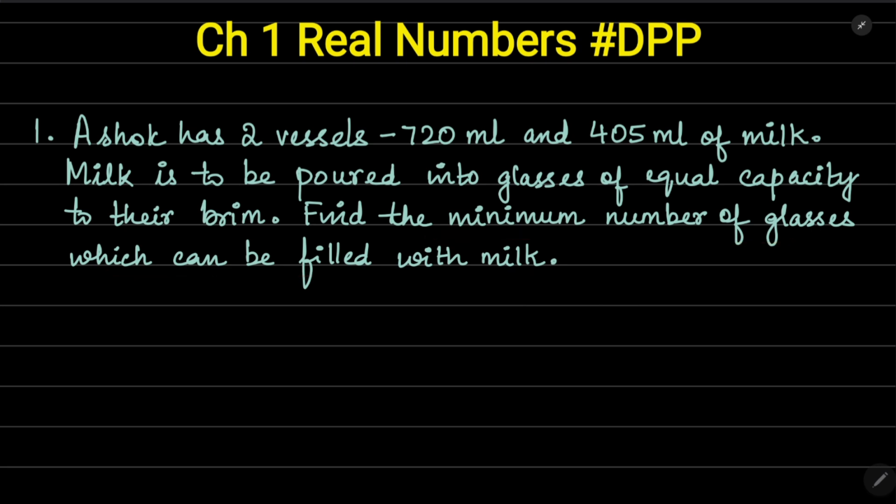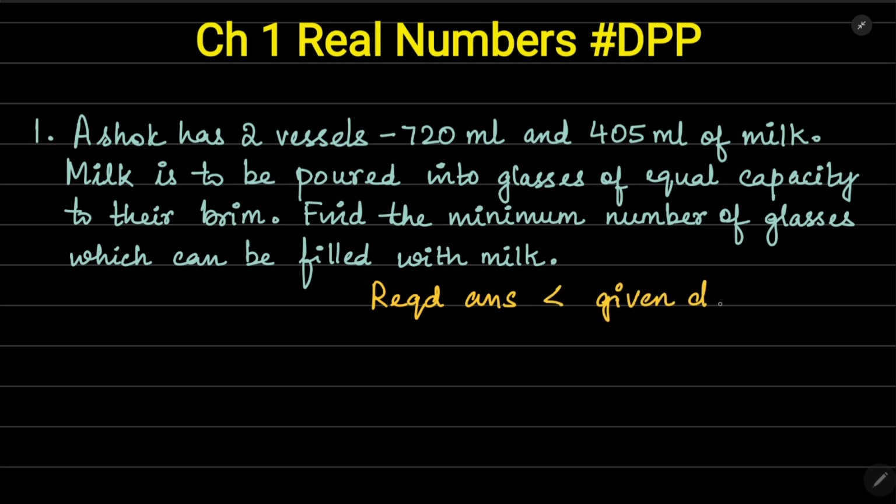So your thought process has to be, can the capacity of milk contained in one glass be greater than the given data or will it be lesser than the given data? Obviously, the required answer, that is the capacity of milk that will be contained in those equal glasses, is going to be lesser than the given data.